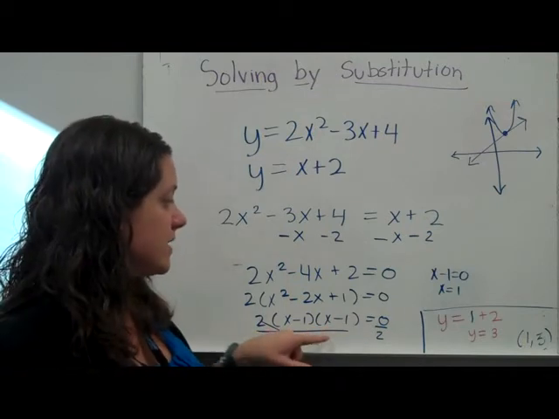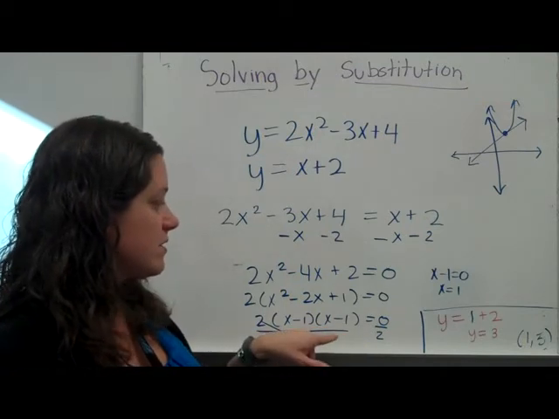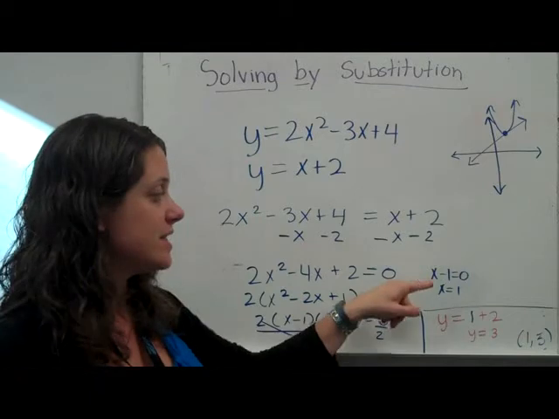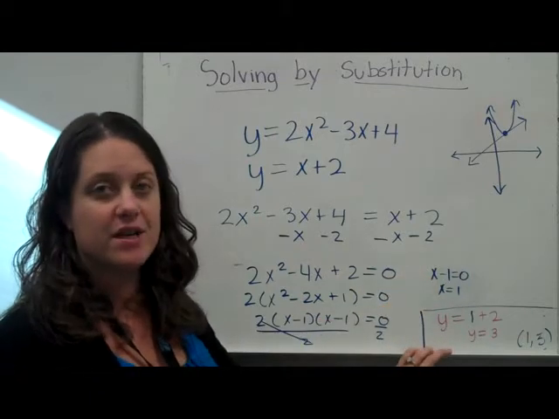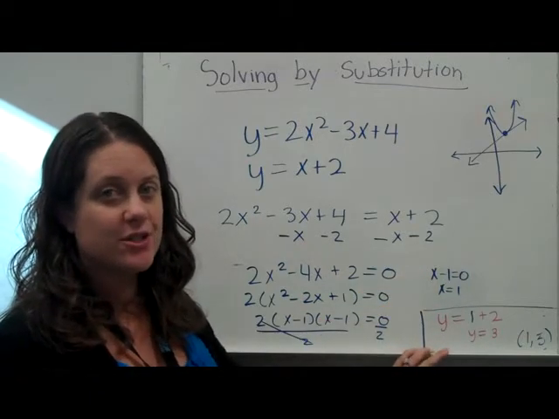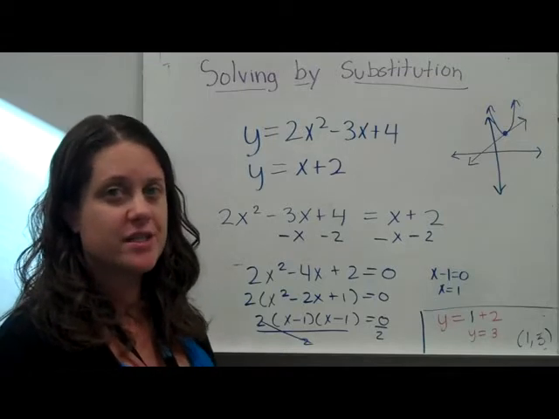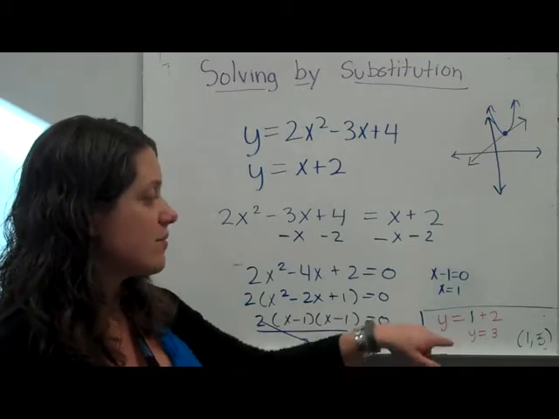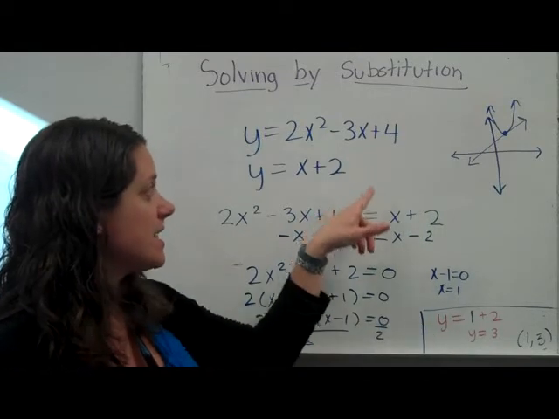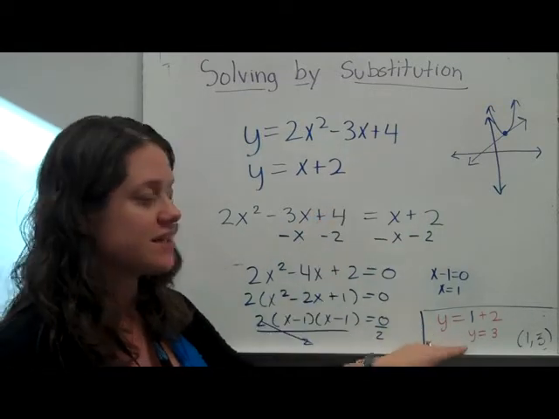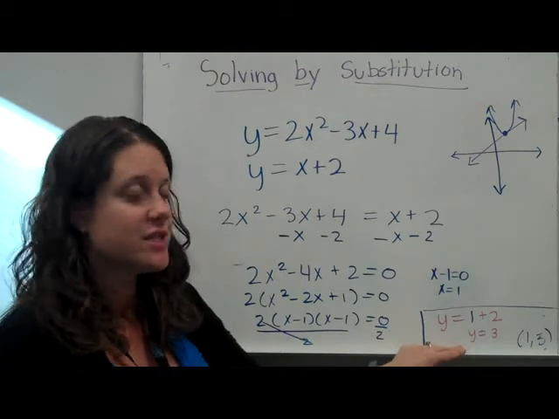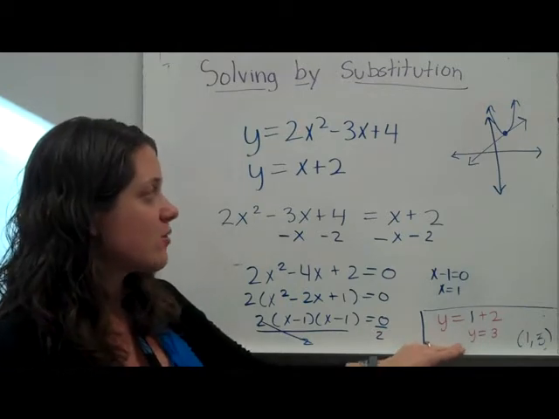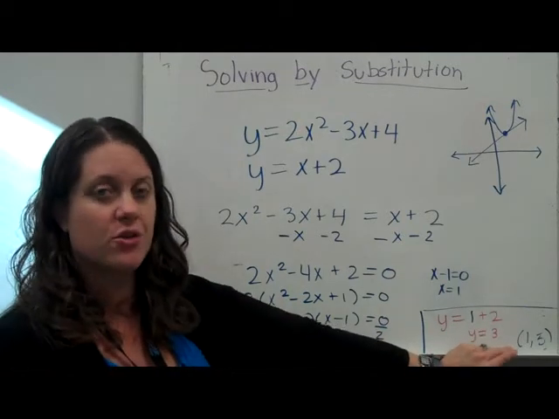I divided both sides by 2, and I got that these were both x minus 1, so I set that equal to 0, and I found out that x was 1. Since this is a system of equations, I got one variable, x equals 1. Then I plugged that back in. You can plug it back into either equation, but it's obviously going to be easier to plug it into the linear equation. I got 3, so my solution was 1, 3.